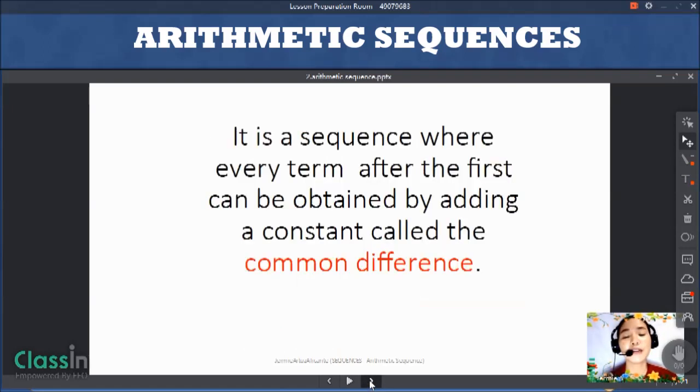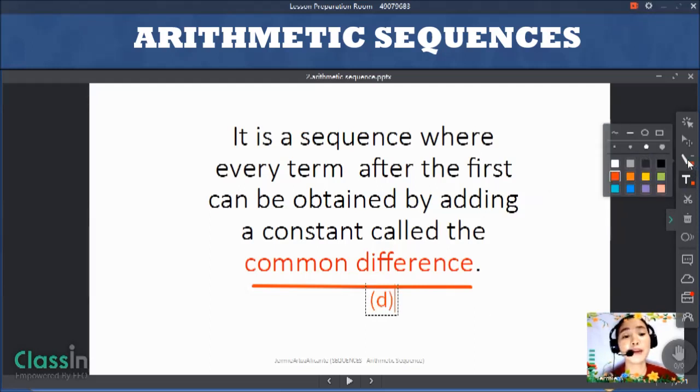Okay, another definition is that an arithmetic sequence is a sequence where every term after the first can be obtained by adding a constant called the common difference. So it is actually almost the same as the first definition. This time, the constant is called the common difference, or it is represented using small letter d.